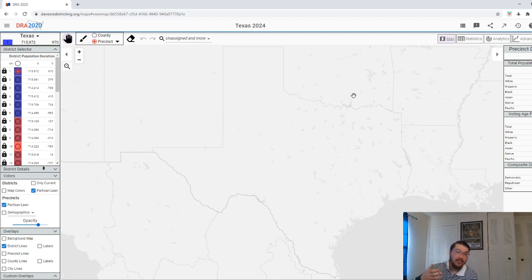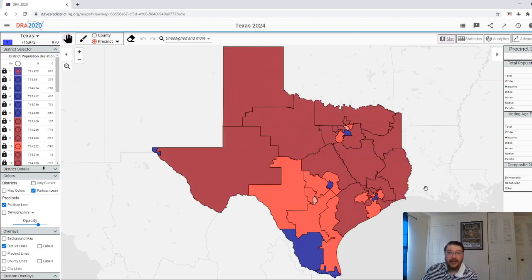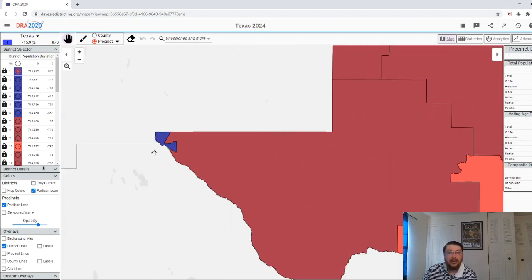That way they can make a bunch of safe Republican seats to protect their legislative power out of Texas and make it easier to get a majority in even competitive election years.